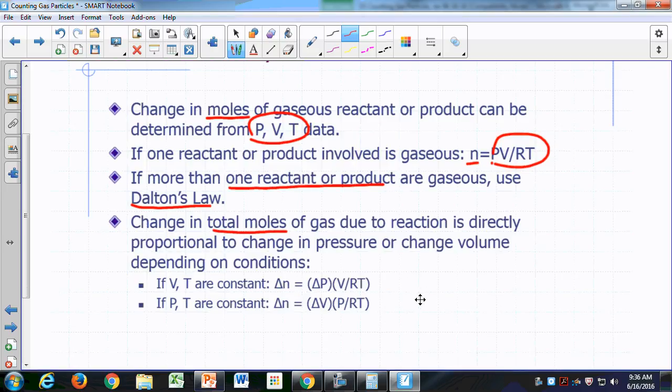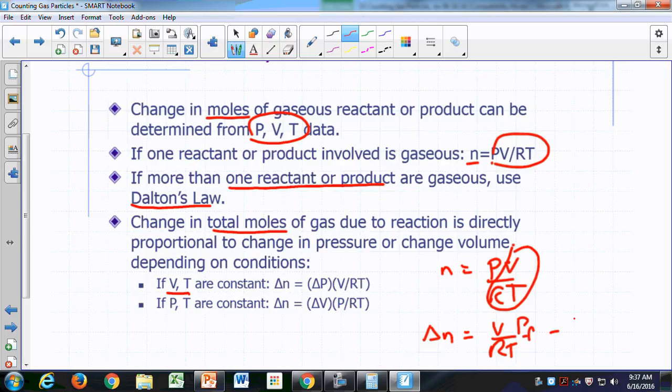So if you happen to be doing a reaction in a fixed volume container and the temperature is constant, then since n is PV over RT, the change in the number of moles would be V over RT times P final minus V over RT times P initial.